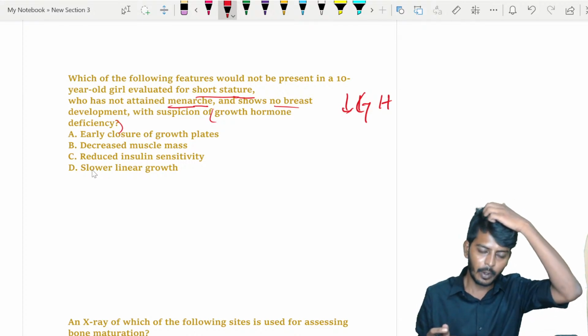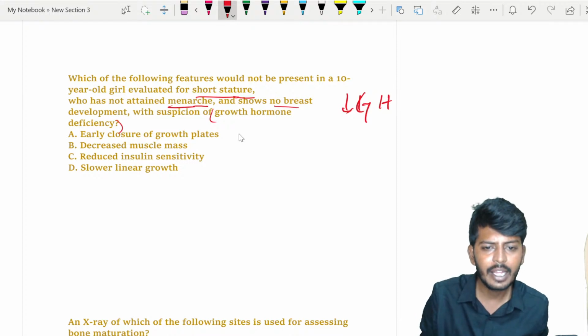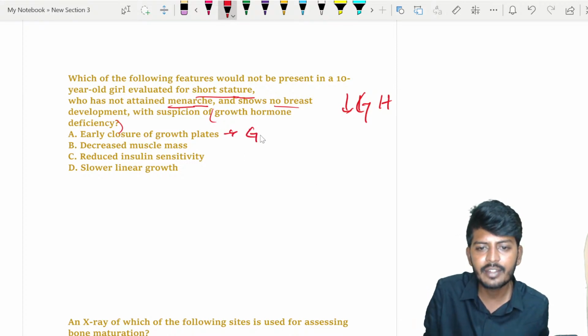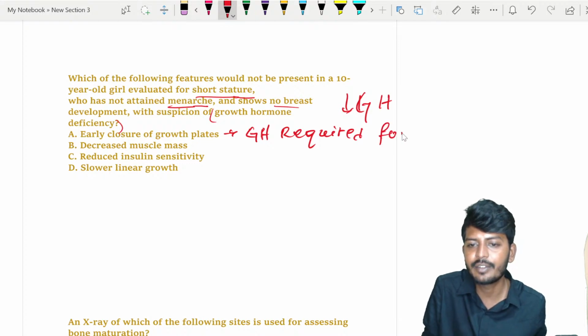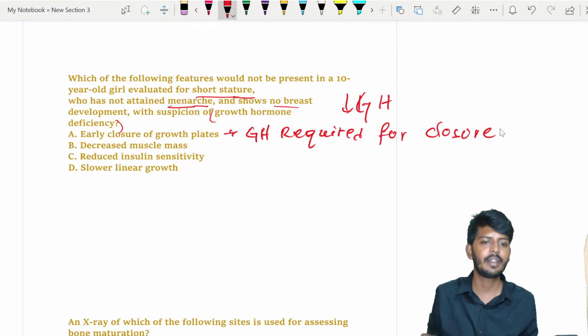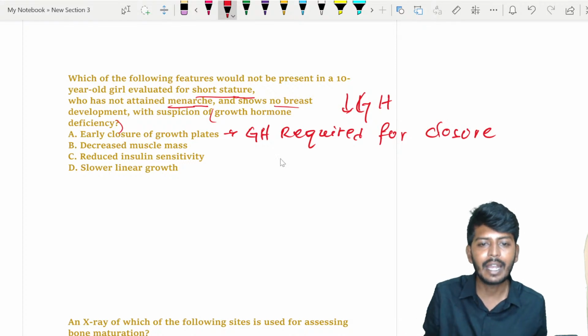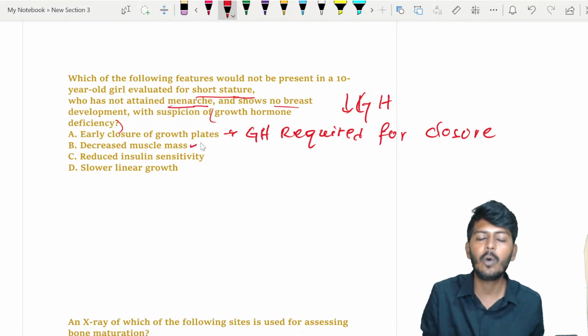Let's see. Let's start with early closure of the plates. Actually, GH is required for the closure of the plates. This is a very important point. And definitely muscle mass will be very low because there is a decrease of growth hormone.